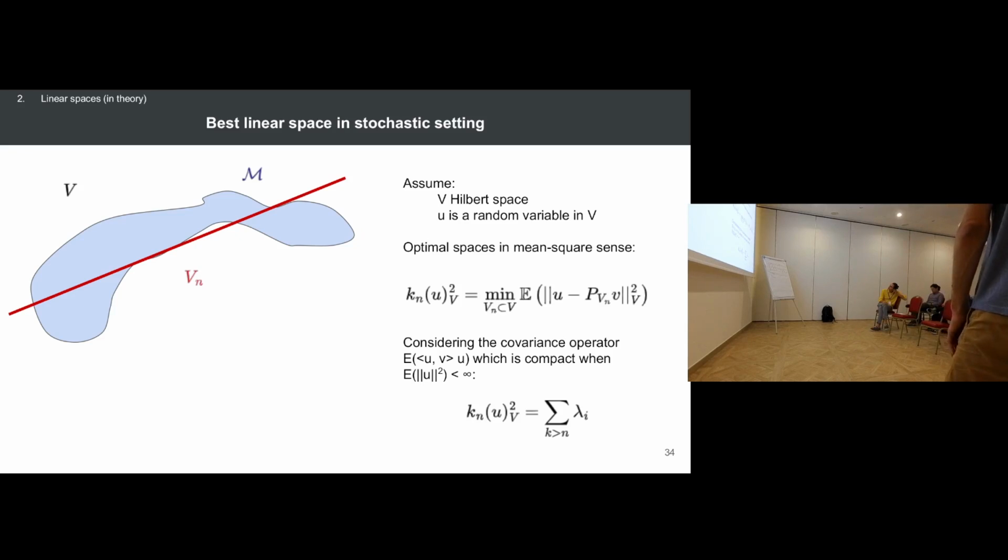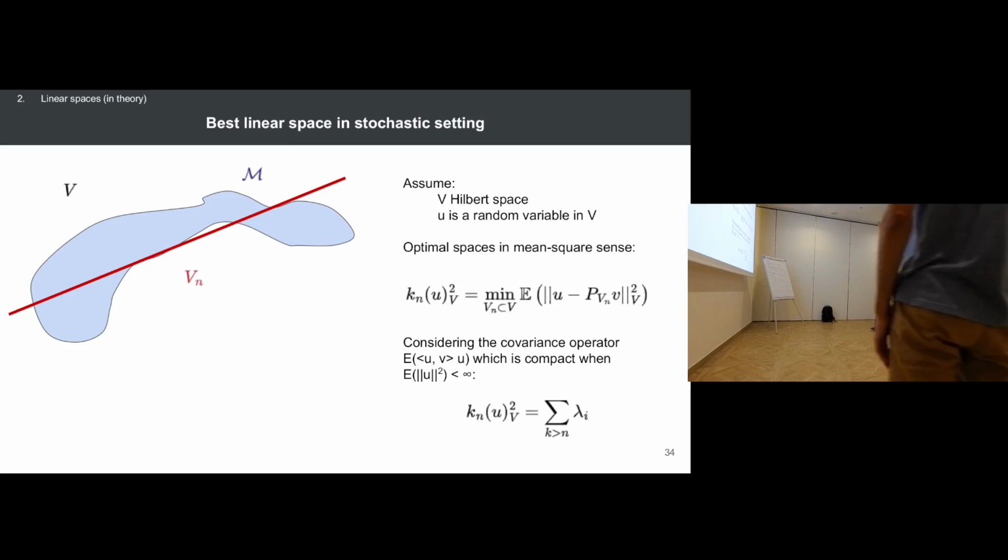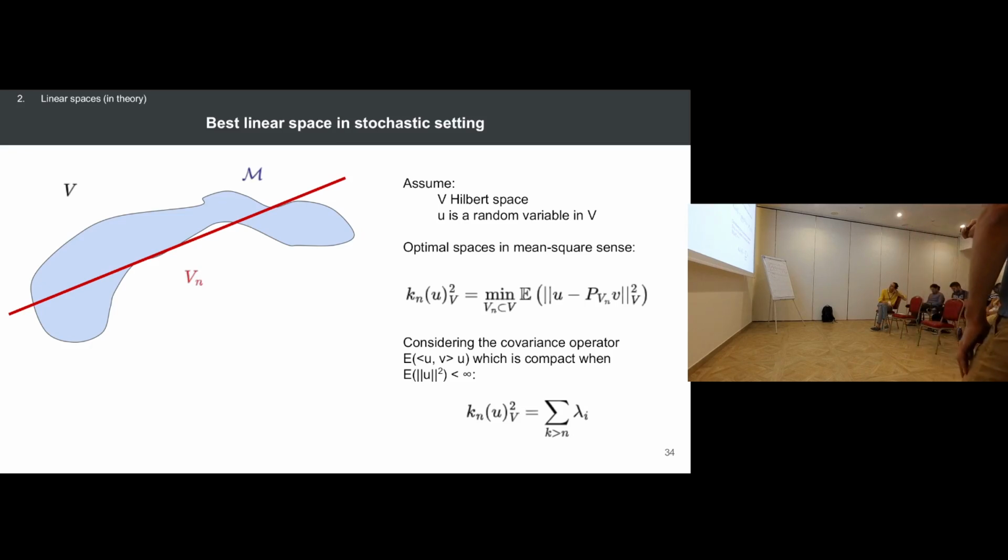So this is just trying to find the projection of U in V that minimizes the expected value of the squared norm. And when we look at this, we see that the covariance operator of your space can be diagonalized, and so basically this is related to principal component analysis.